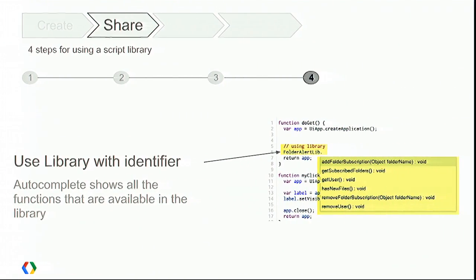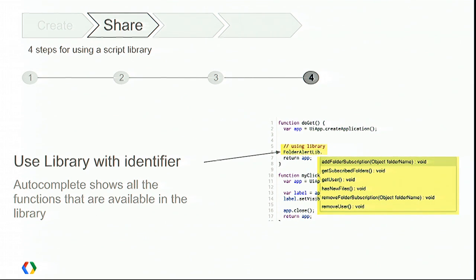And that's the last step, really, which is once I open up my script editor, I include the library, and as soon as I type my identifier or the namespace, and here in this case, it's folder alert lib dot, you can see the autocomplete shows up with all the available functions that this library provides for that version.